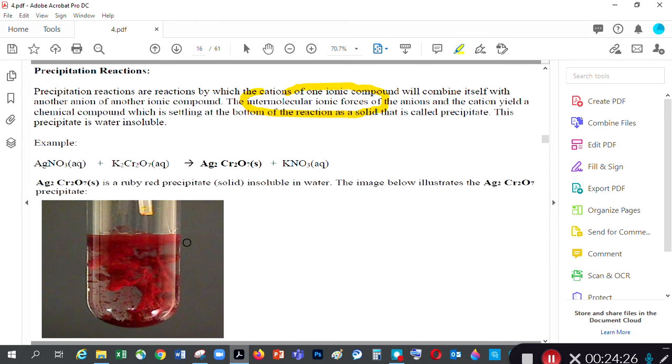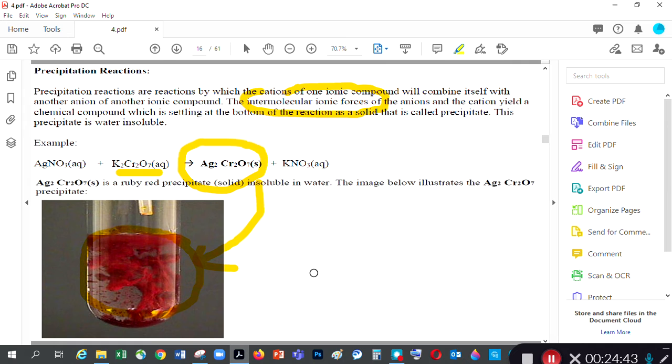Here is an example: silver nitrate with potassium dichromate will give us silver dichromate.